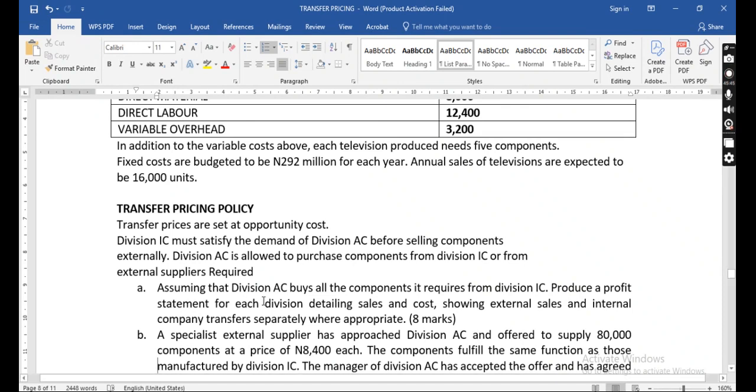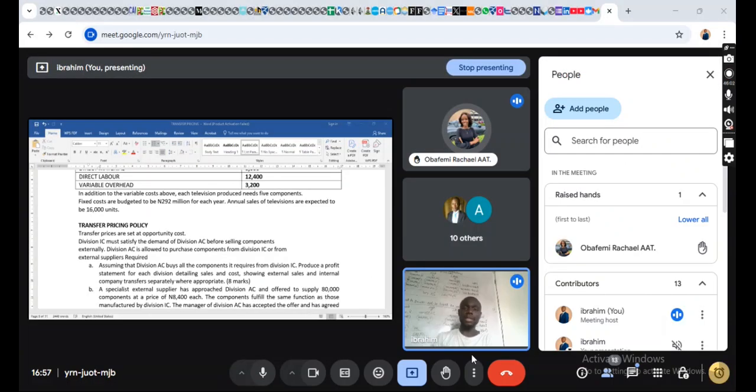Assuming that division A buys all the components it requires from division C, produce a profit statement for each. Can you see it? And it is based on opportunity costs. Do you understand now?